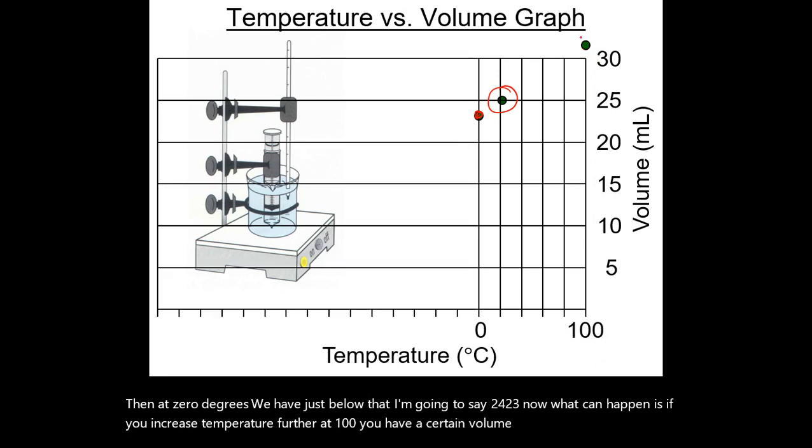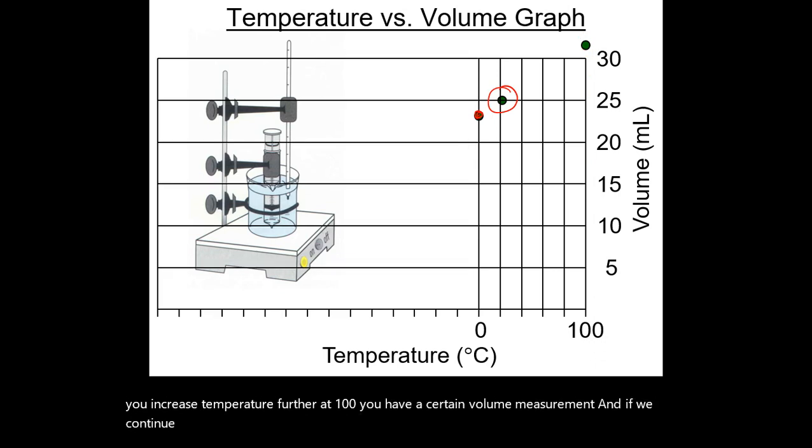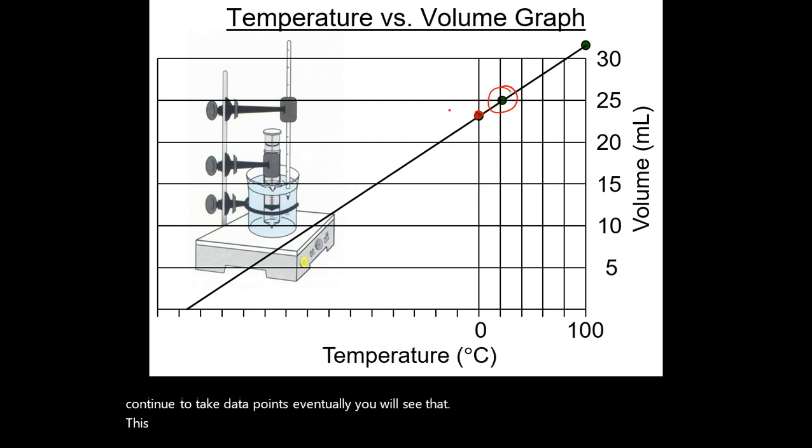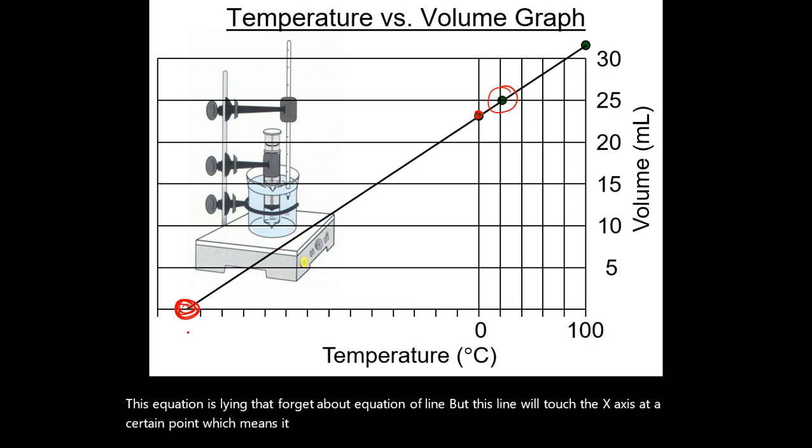And if we continue to take data points, eventually you will see that this line will touch the x-axis at a certain point, which means it can't go below this point. It'll stop right there.